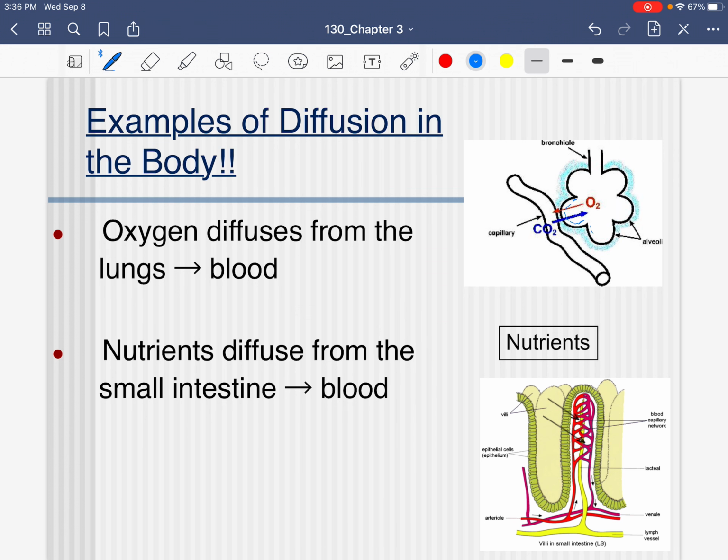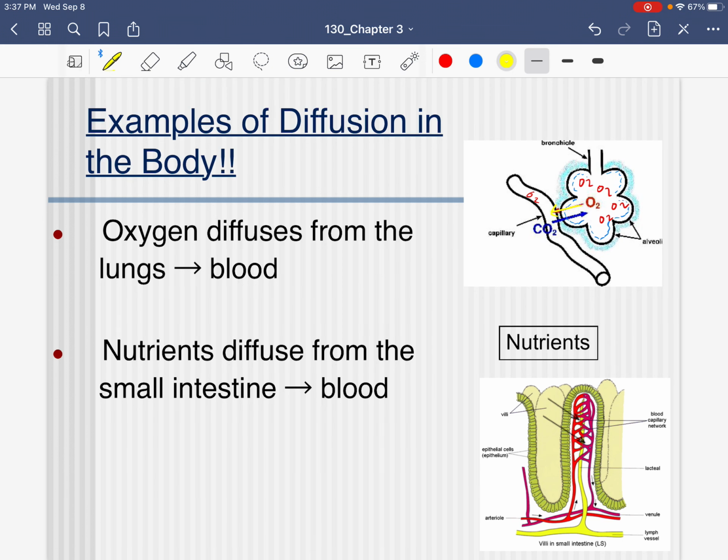The alveoli of the lungs, this outer membrane, is semi-permeable. So when we breathe in, we have a high amount of oxygen in the alveoli, and much lower amounts of oxygen in the bloodstream. Because the membrane is semi-permeable, and because we have higher amounts of oxygen on one side compared to the other, boom, diffusion.